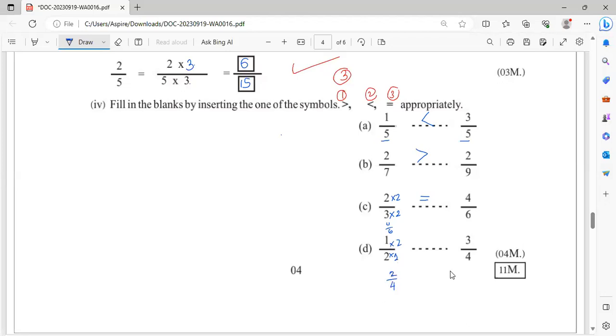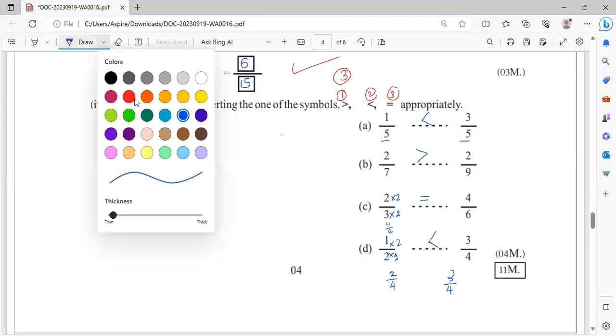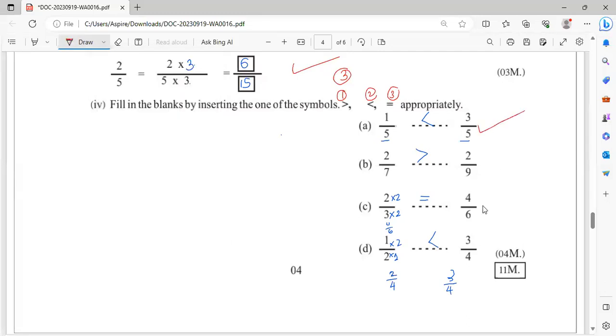Okay. Then when we compare 2 over 4 and 3 over 4, 3 over 4 is the larger one. If you have placed the correct symbols for each blank, then you are given 4 marks.